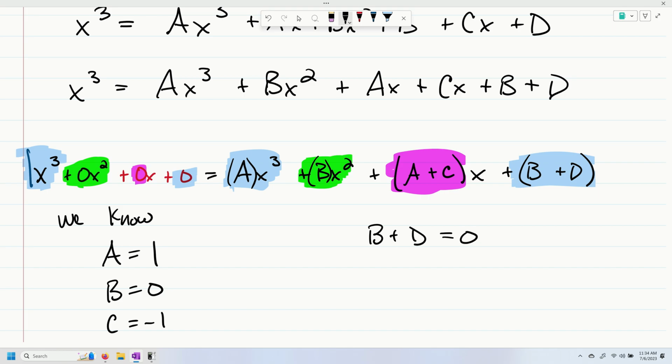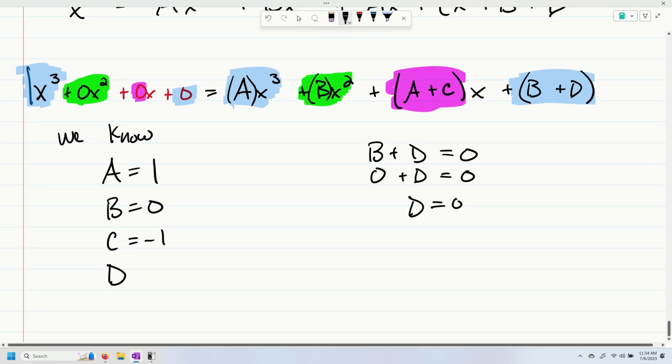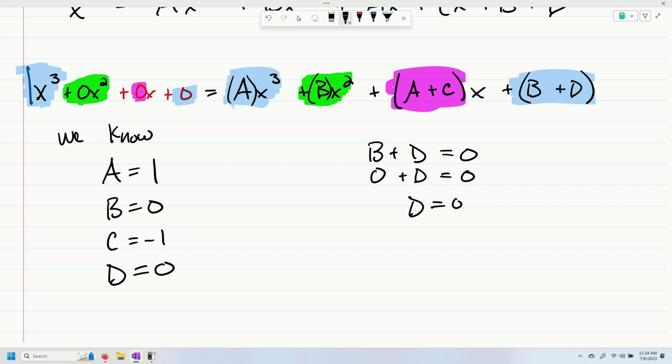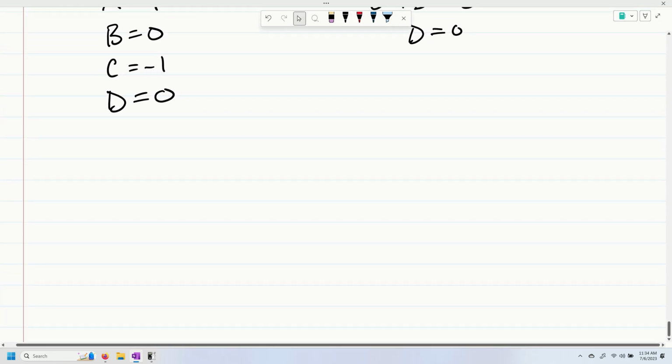But we already know b is 0. Therefore d is also 0 as well. So here's a great example where you didn't even have to use a calculator. Just understand how this relationship works. And it's really just, like I said, it goes back to algebra. Left side of the equation has to equal the right side of the equation.